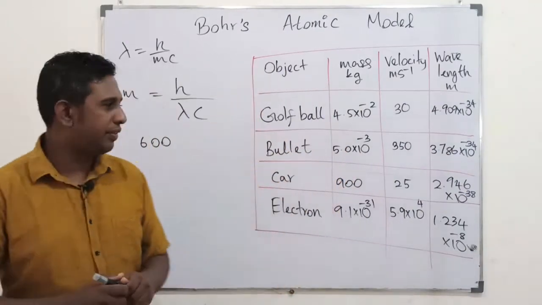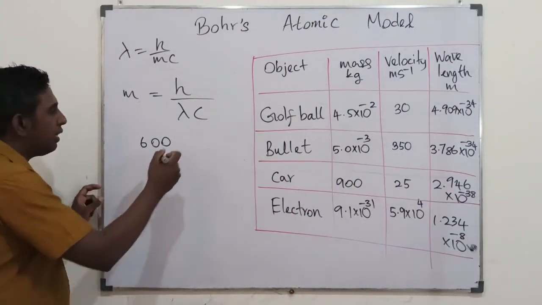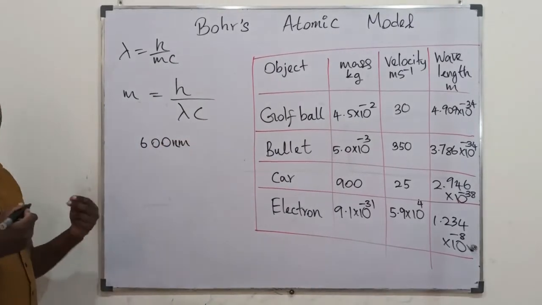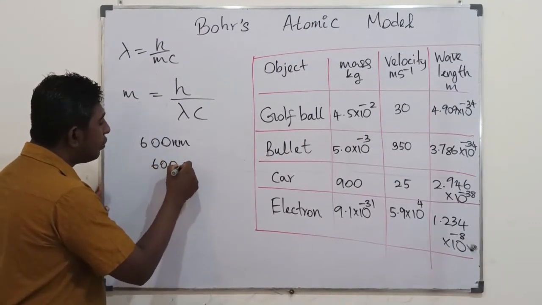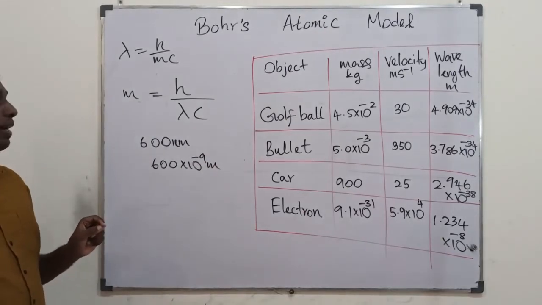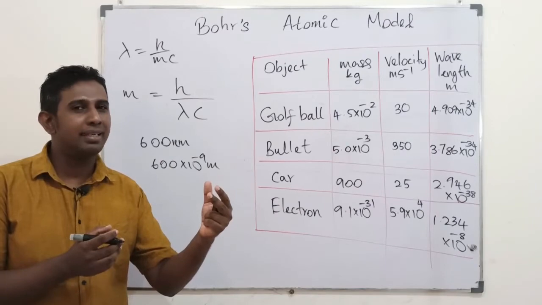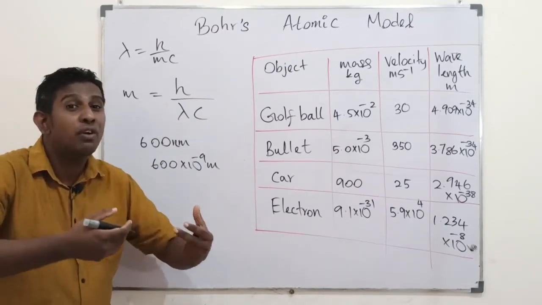So students, you have this light wave with the wavelength of 600 nanometers, which means in meters, 600 into 10 to the power minus 9 meters. Let's find out its mass, the mass of a photon, if it has particle character, particle behavior.